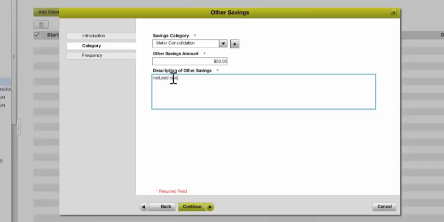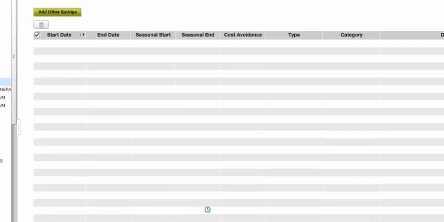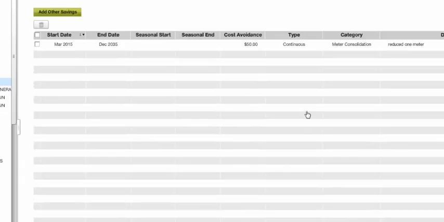Reduce 1 meter. And then we can say this is a one-time or a continuous. A continuous says that we did this in March of 2015, and we're really going to take credit for it forever. And that'll just add $50 every month to the cost avoidance reports, because that $50 savings wouldn't be reflected anywhere else.